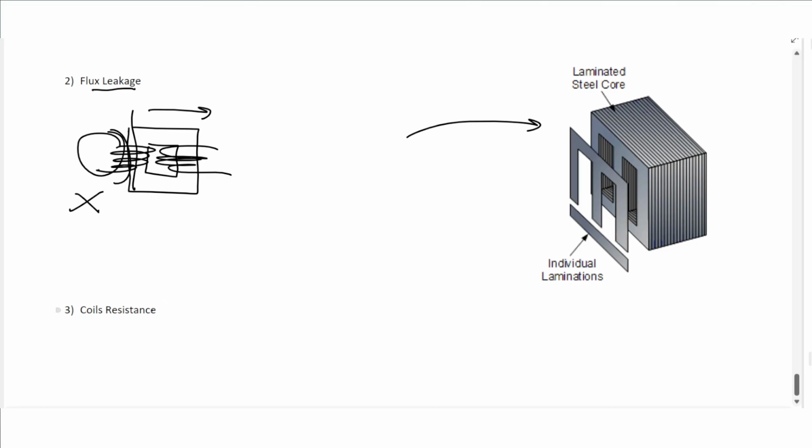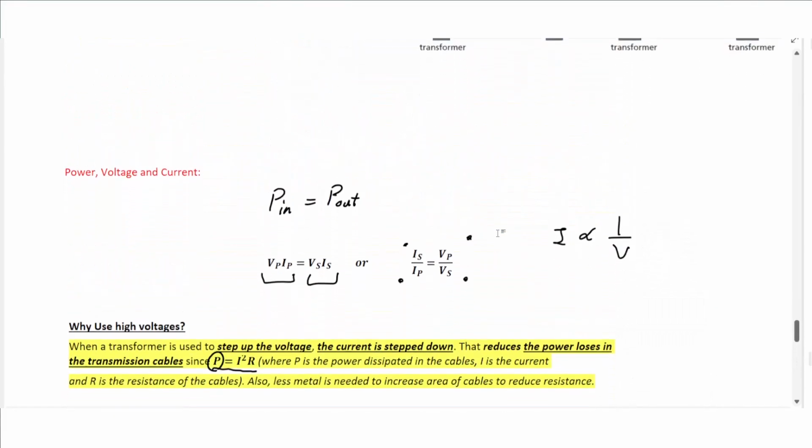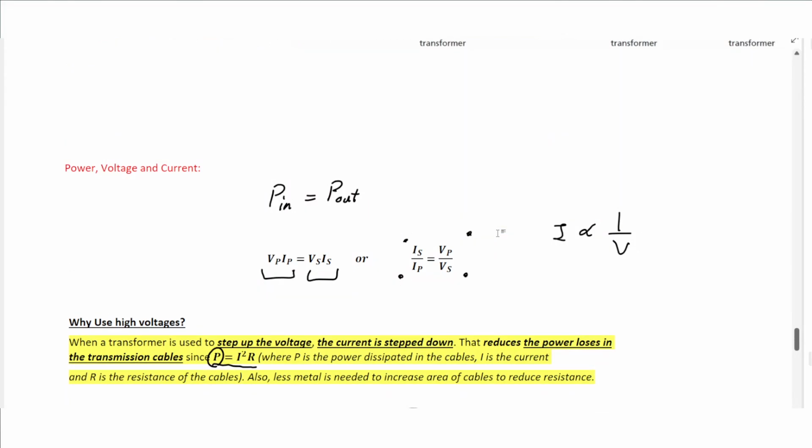The last thing is the coil resistance. If you use coils of low resistance, you are decreasing the power losses in the coils. So technically, every energy loss problem is fixed in a transformer. That's why you can say that a transformer is a perfect device, or power in is equal to power out.